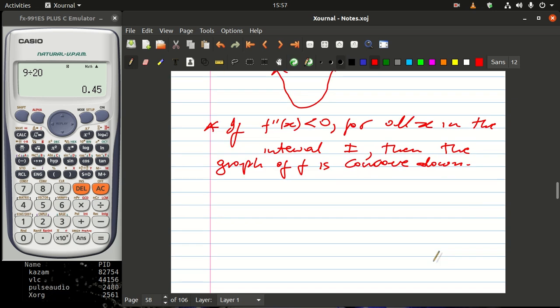And concave down means that we have a sad face, so it is going like that. That is actually what is important here. You have to know that.